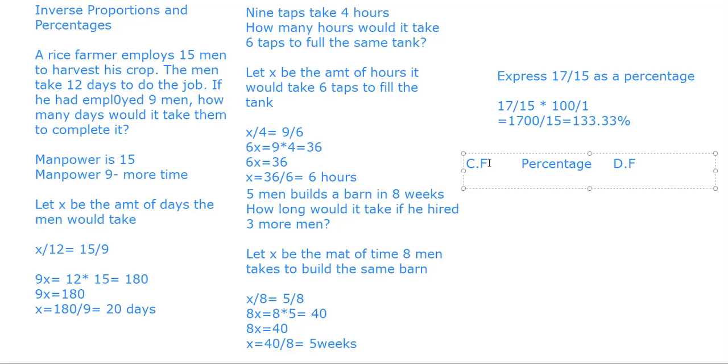So the first, they gave us 3 over 5. And they want us to put this as a percent. And we know how to work out percentages. 3 over 5 multiplied by 100 over 1. All right, that would be 60%. And 60% as a decimal fraction is 0.60.